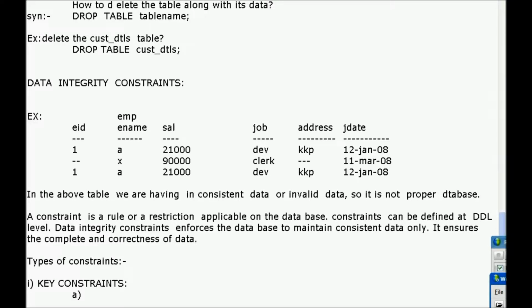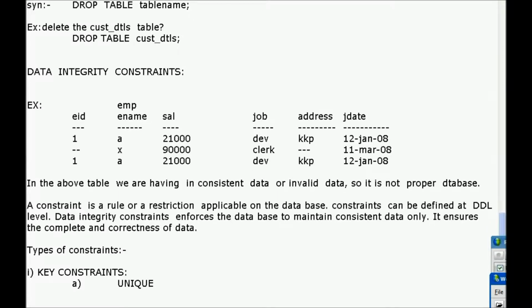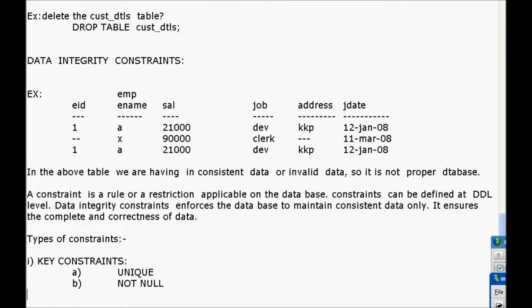First one, unique. I will give you the description tomorrow. Next, not null. And the most important topic, primary key, so be careful here, and if you are unable to understand, immediately stop and ask me. Why? Because the further classes are based on this concept only.